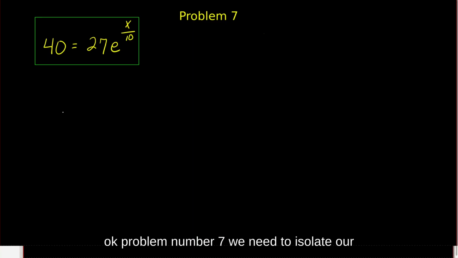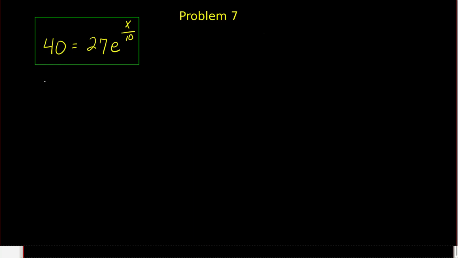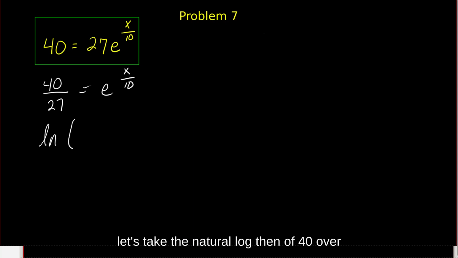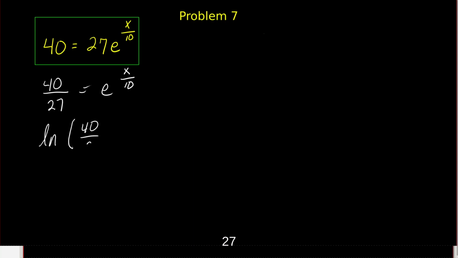Okay, on problem number 7, we need to isolate our x first. So let's divide both sides by 27. That would be e raised to the x over 10 equals 40 over 27. So let's take the natural log then of 40 over 27.